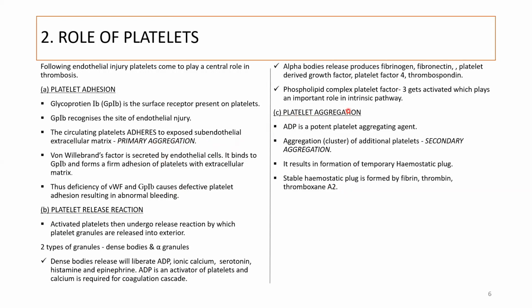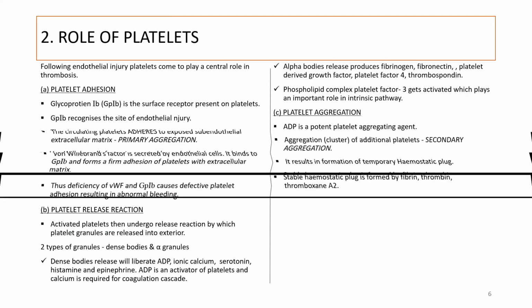In this platelet aggregation step, there is a secondary aggregation where additional platelets aggregate, forming a temporary hemostatic plug. The stable hemostatic plug is formed by fibrin, thrombin, and thromboxane A2. So in this slide, we saw the role of platelets, which undergoes 3 steps: platelet adhesion, platelet release reaction, and platelet aggregation.